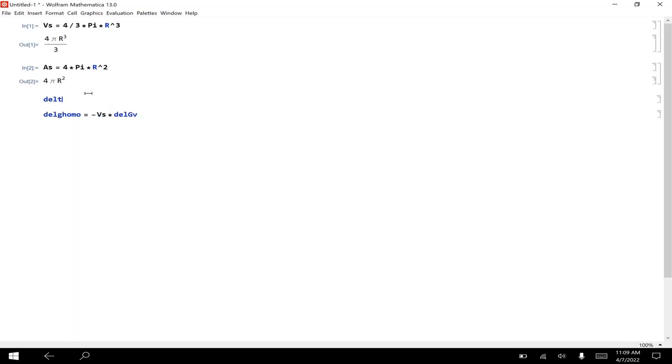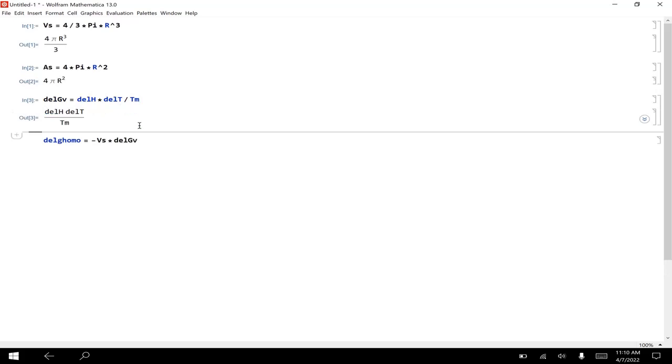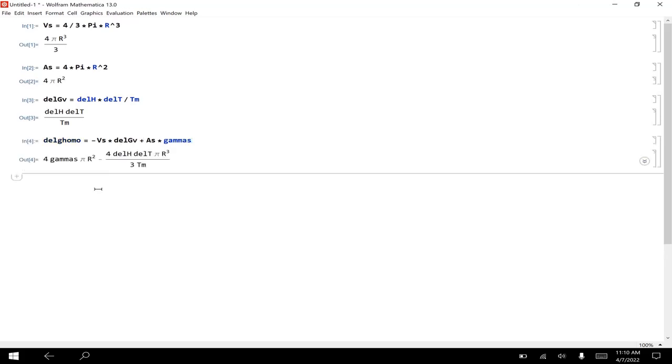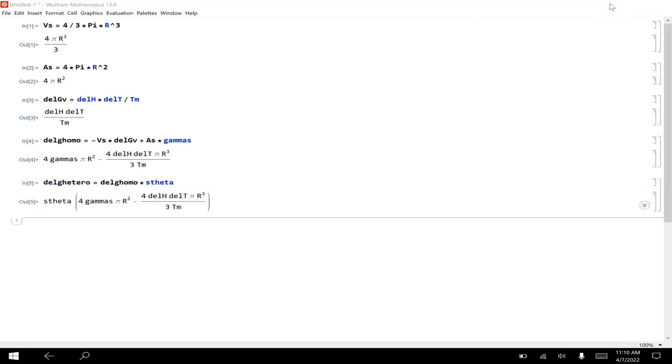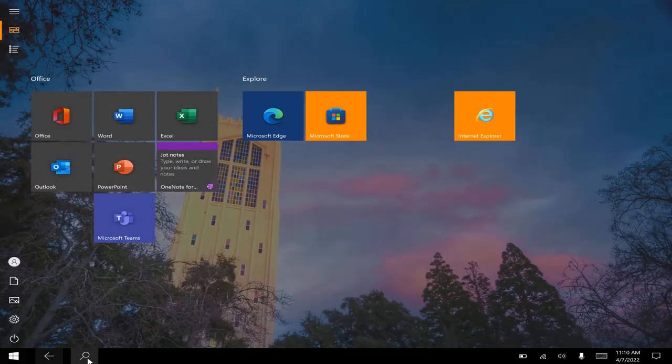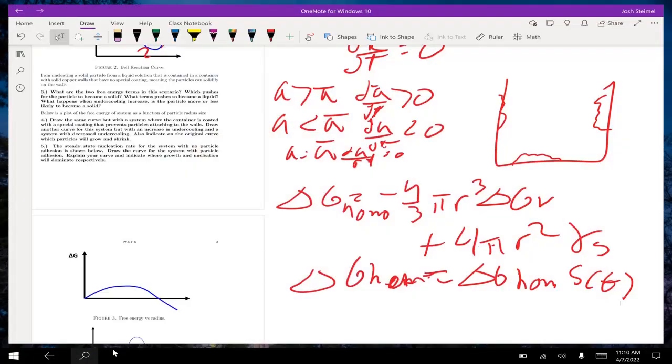And our del GV is going to be equal to del H times del T divided by Tm here, plus area of my sphere times gamma S. So this term here, my del G hetero is going to be equal to del G homo times S theta. It's going to be a function of some variables here. Excellent. So now let's go back to OneNote.